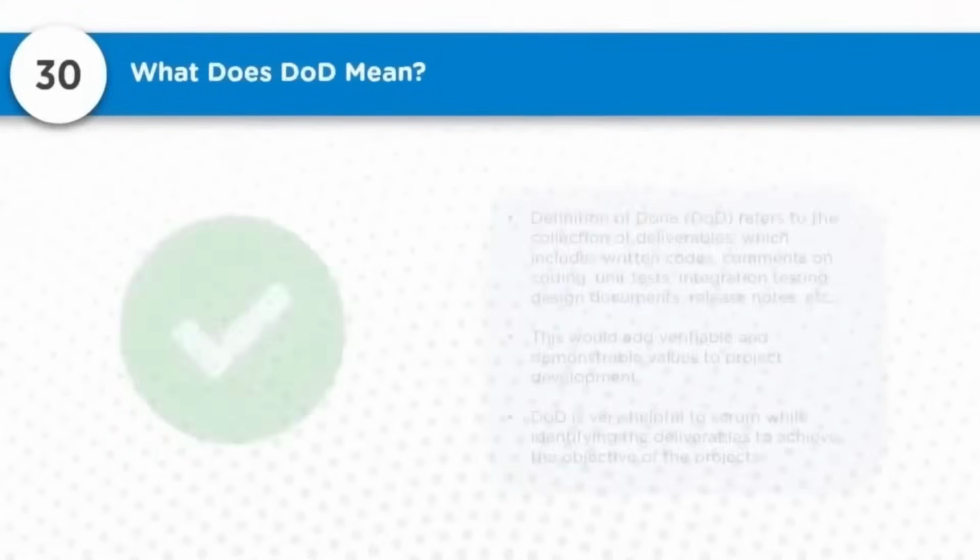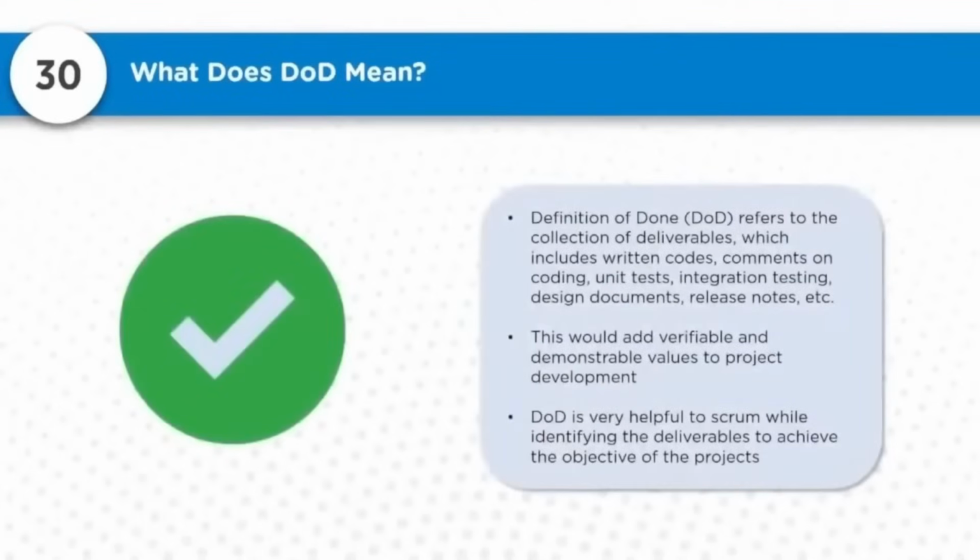Now question number 30, what does DOD mean? Definition of done, right? DOD refers to a collection of deliverables, which includes written code, comments on coding, unit tests, integration testing, design documents, release notes, etc. This would add viable and demonstrable value to the project development.